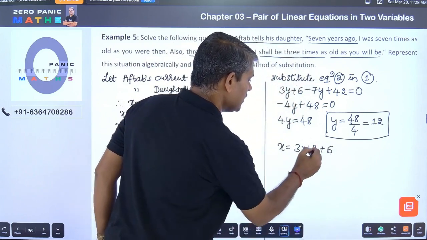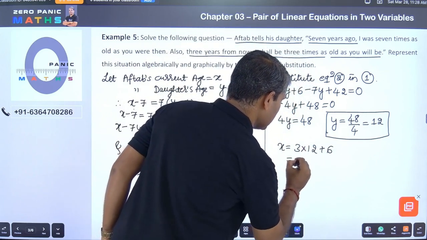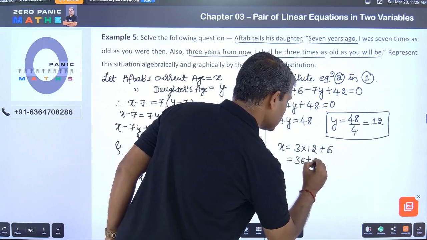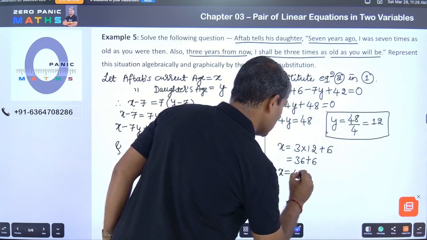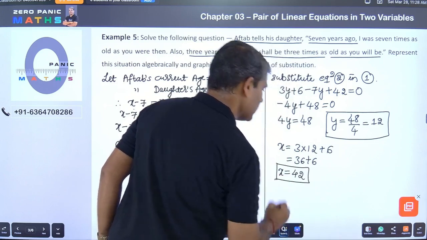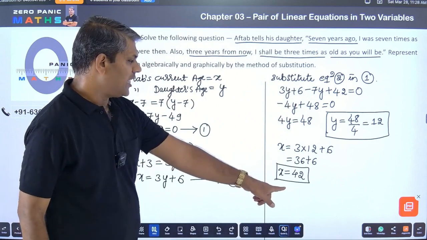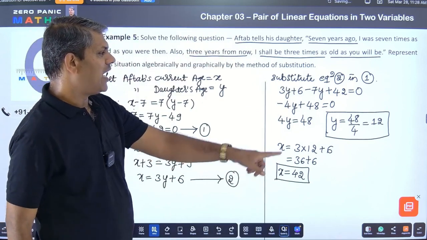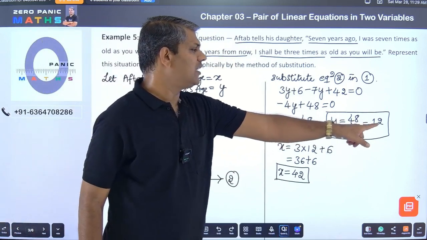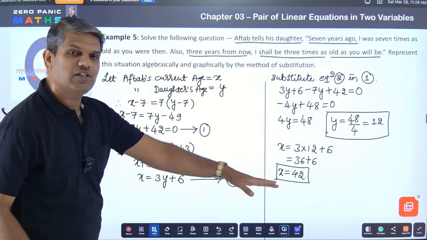So what is that? 12 threes are 36. 36 plus 6. It is x is equal to 42. So you write yourself the answer. Aftab's current age is 42 and Aftab's daughter's current age is 12. You can write yourself here.